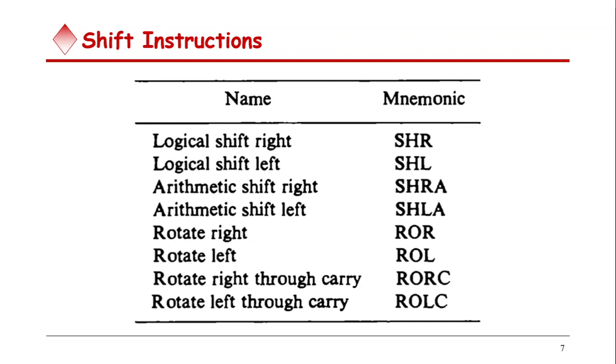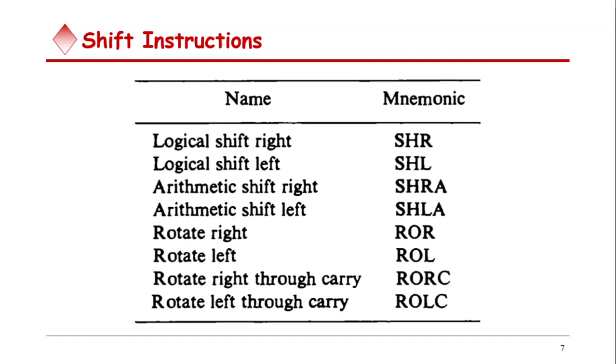The logical shift inserts 0 at the end bit position. The end position is the leftmost bit for shift right, and the rightmost bit position for shift left. Arithmetic shifts conform with the rules of signed 2's complement numbers. The arithmetic shift right instruction must preserve the sign bit in the leftmost position.